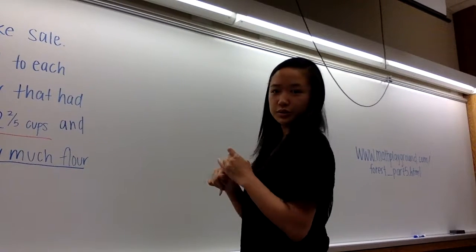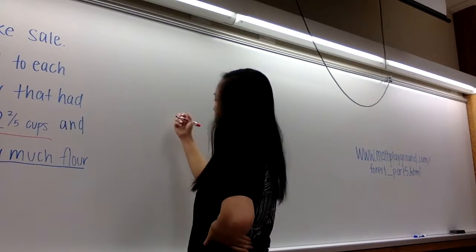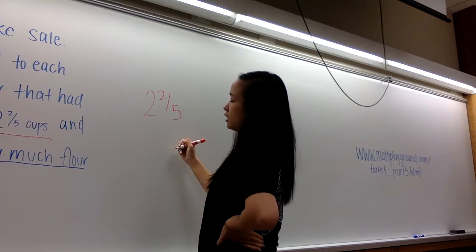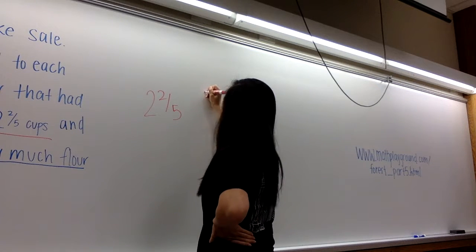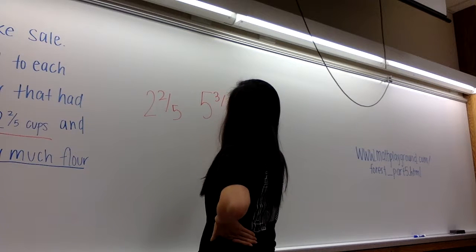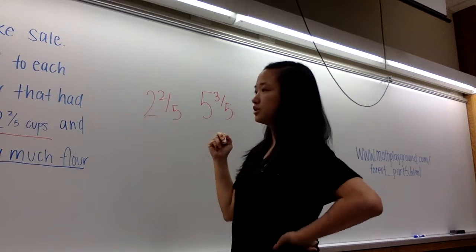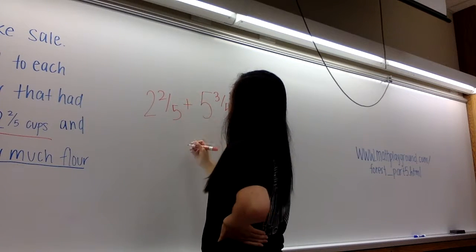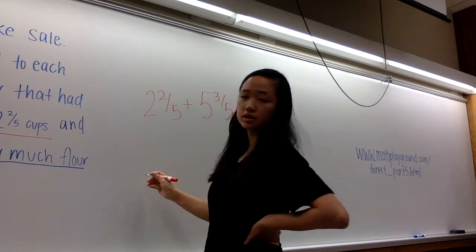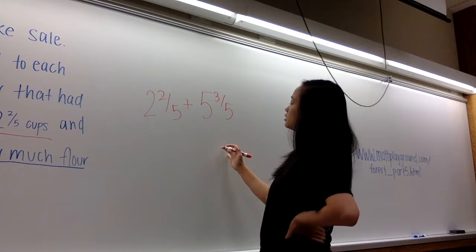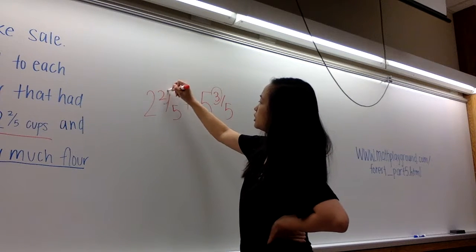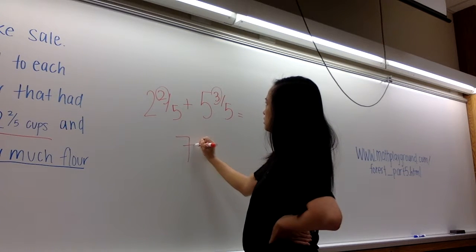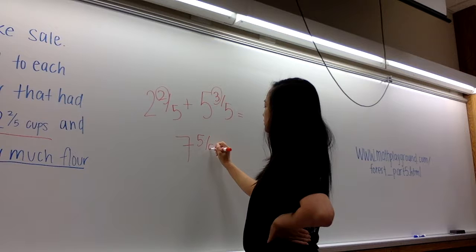Okay, so to start off, I would take the 2 fractions, so 2 2/5 and 5 3/5. And since we're trying to figure out how much they used together, we're going to add the 2 fractions. Since they're common denominators, we only need to add the numerators. So it'll be 7 and 5/5.